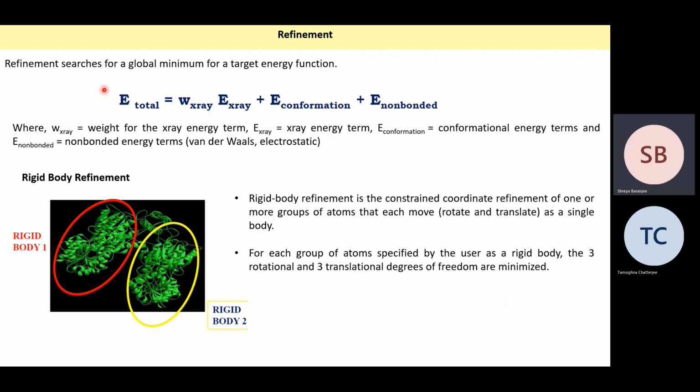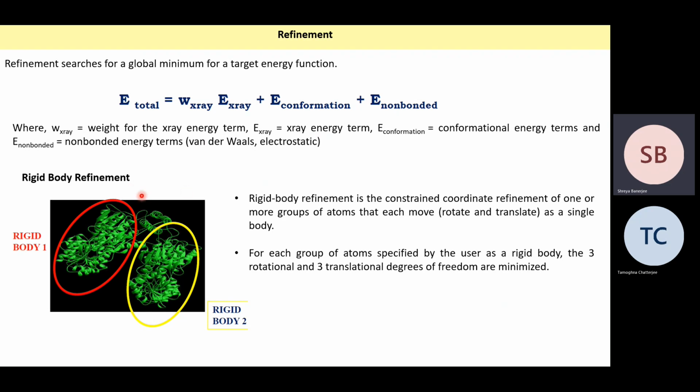So the total energy consists of the summation of E conformation, meaning the energy of the bonded molecules and the energy of the non-bonded molecules, that is the van der Waals or electrostatic energy terms, and the energy of the X-ray. So these are added to find the total energy of the protein. And this total energy is minimized to find the minimum energy structure.